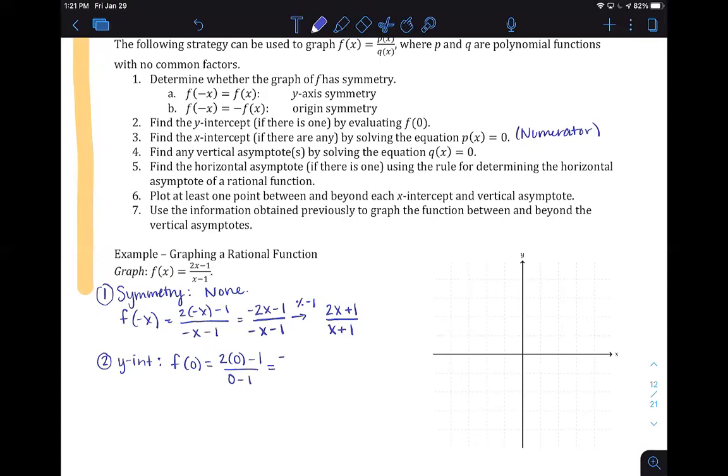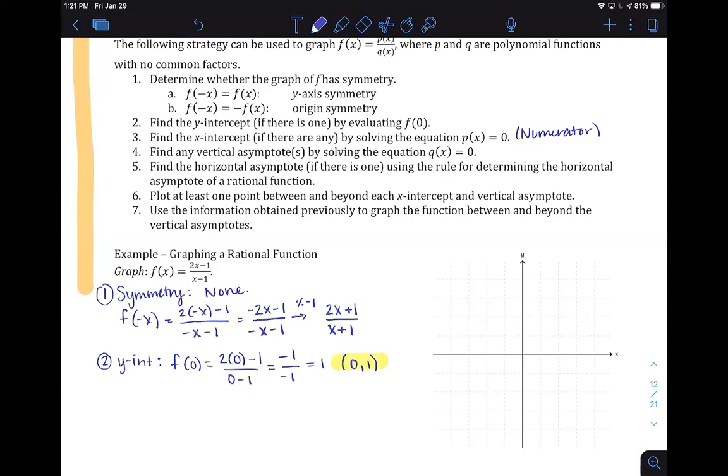So we have negative 1 over negative 1, which equals 1. A shortcut you can use is just look at your constant on the top and the bottom, negative 1 divided by negative 1. So our y-intercept is 0, 1. I'm just going to highlight that and we'll come back to it. We're going to find everything and then we'll plot it.